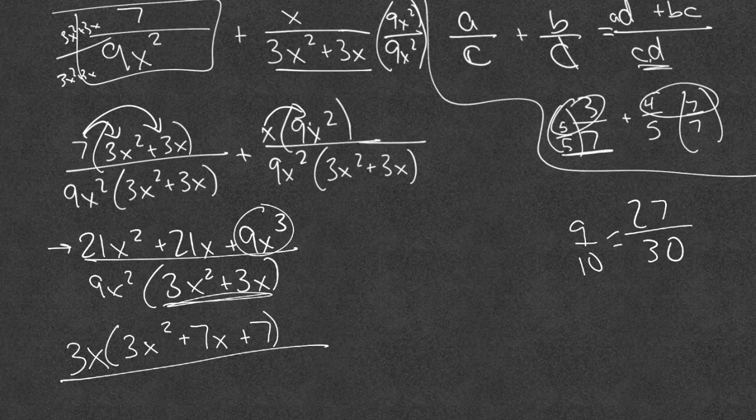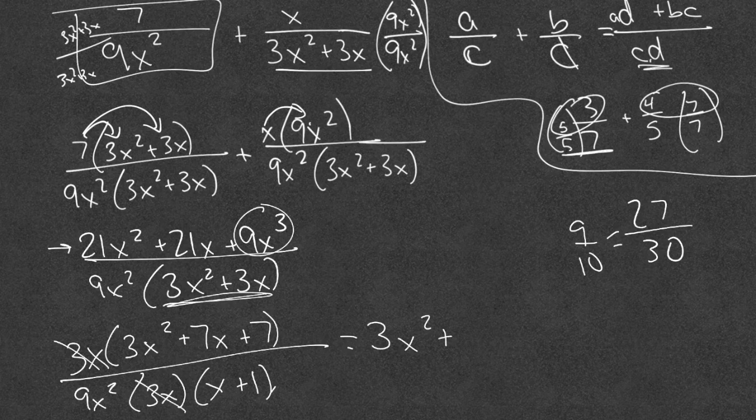So I have a 9x squared times a 3x times an x plus 1. The 3x's cancel, and so now I'm left with 3x squared plus 7x plus 7 over 9x squared times x plus 1.